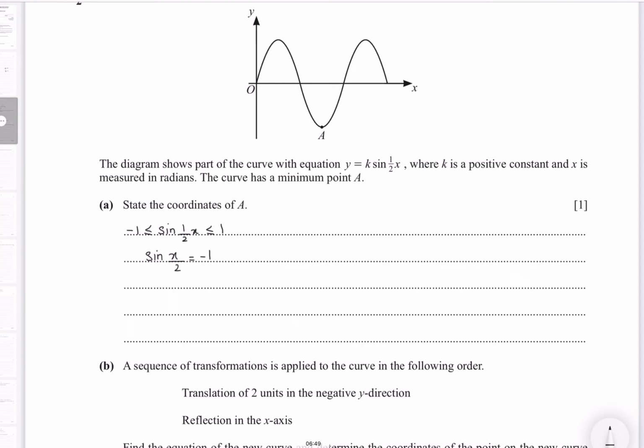Then x equals 2 times the inverse sine, and in place of minus 1 I'm going to write 3 pi by 2. Actually, 3 pi by 2 is the value on the x-axis corresponding to A.